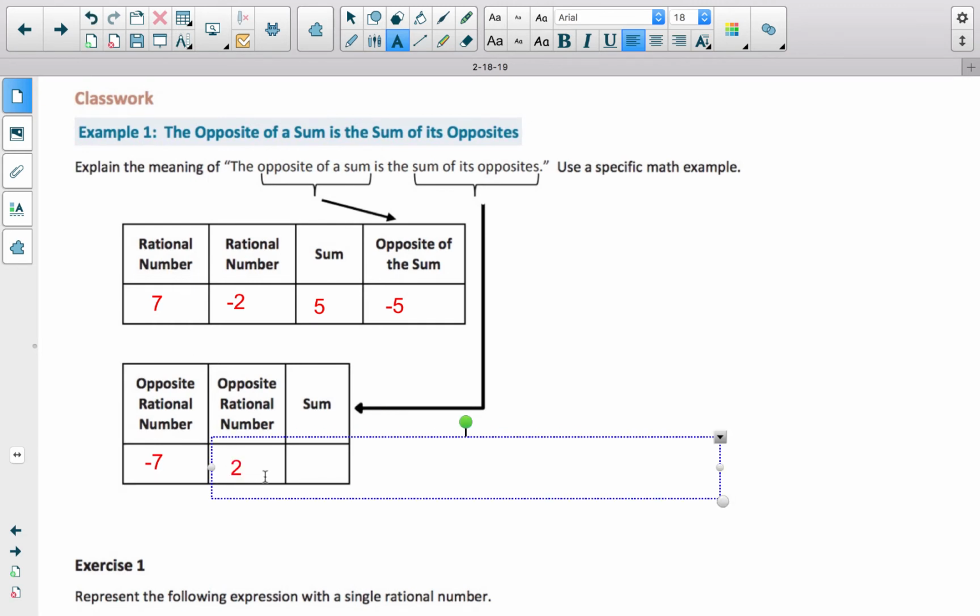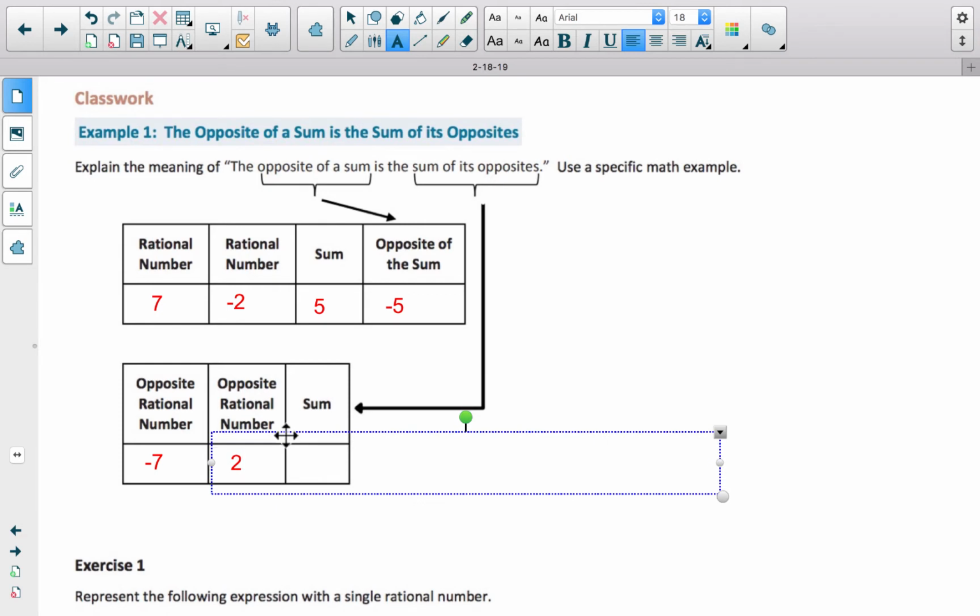The opposite of -2 is 2. And the sum of this is -5. So if you notice here, the sum of 7 and -2 was 5, but when you take the opposite of these numbers and add them, you get the opposite sum as well.